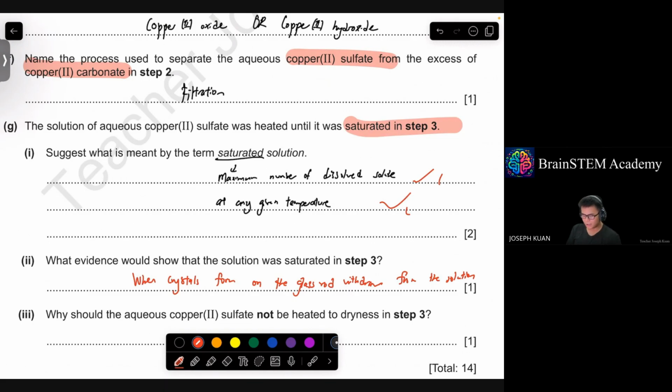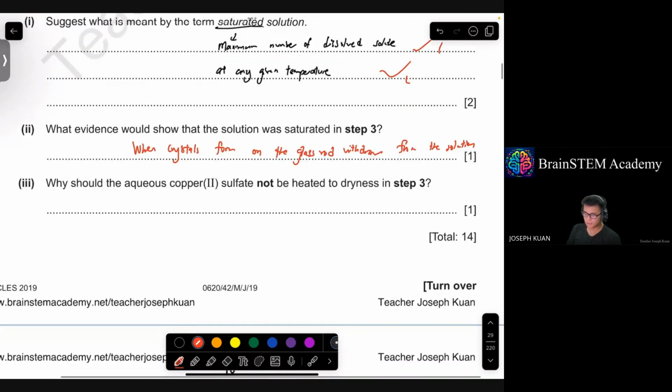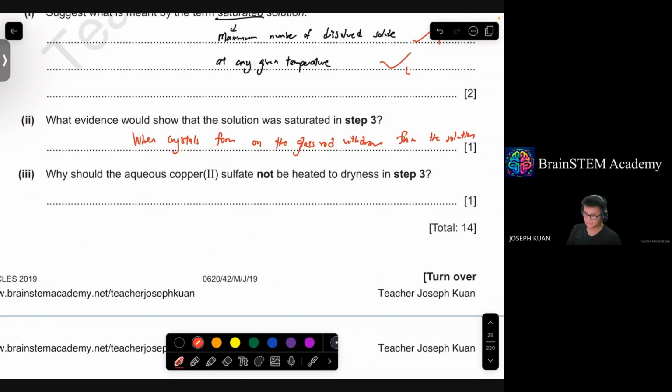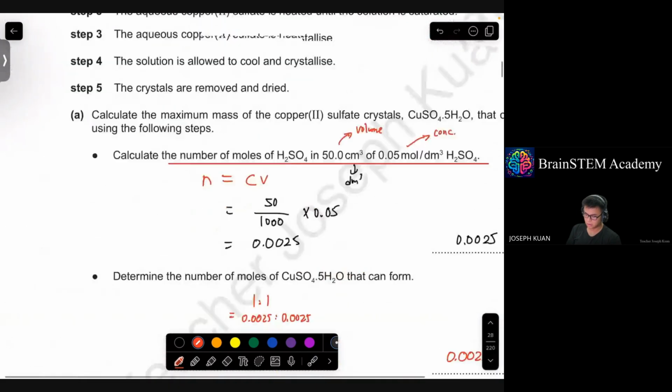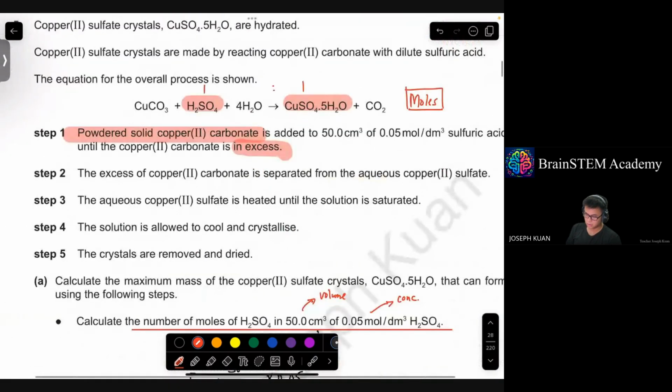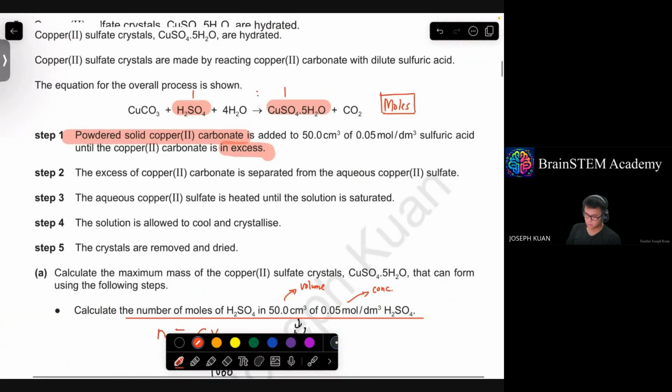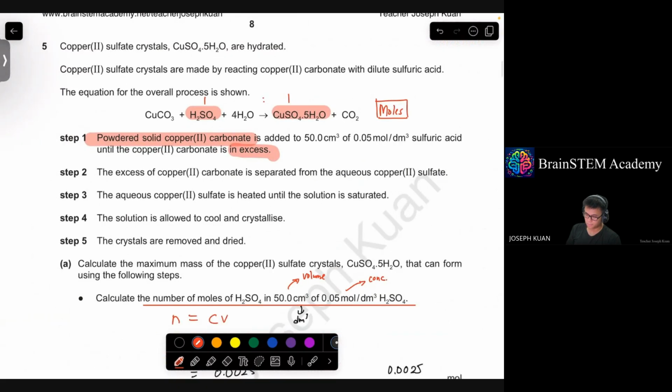Why should the aqueous copper 2 sulfate not be heated to dryness in step 3? You see, the point of the whole experiment is to isolate these copper 2 sulfate crystals in hydrated form.